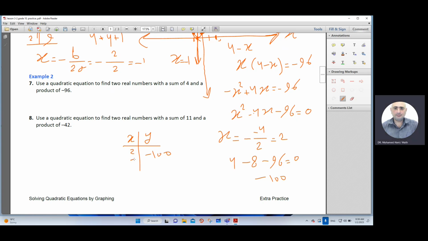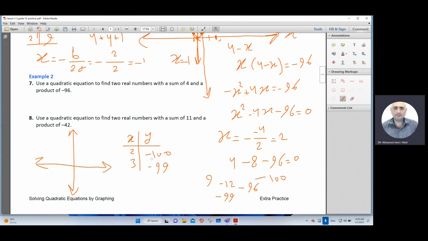And if you choose 3, 3 squared means 9, minus 12, minus 96. Minus 3 and minus 96 will be minus 99. So this is the x-axis, this is the y-axis.